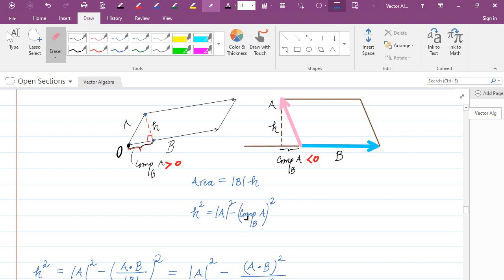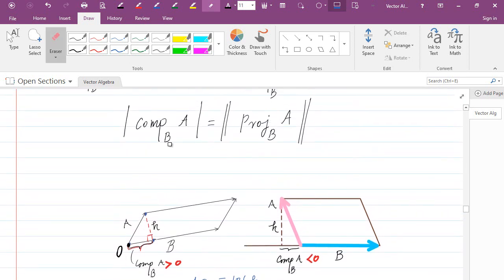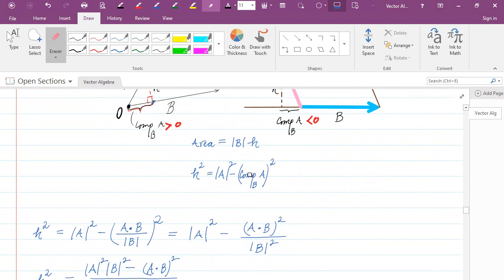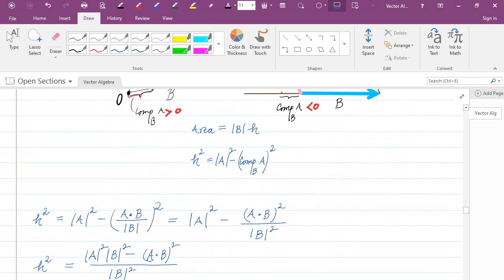Again, the component of A along B is plus or minus the magnitude of the projection vector here. Since we are squaring it, we don't have to worry about the sign of the component.